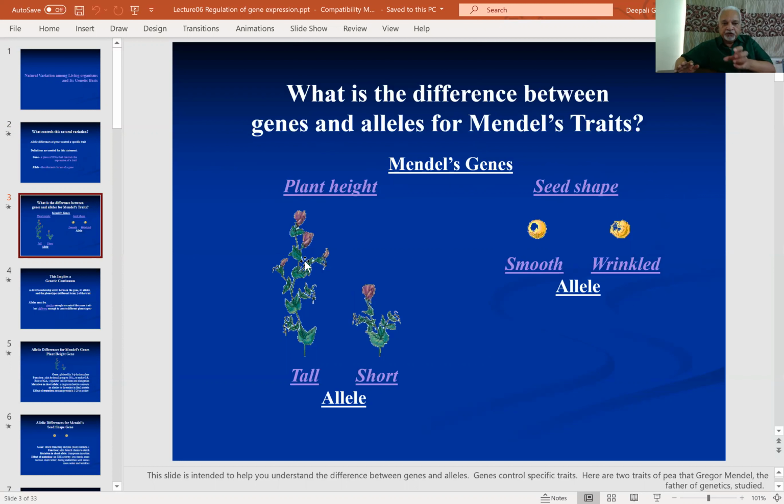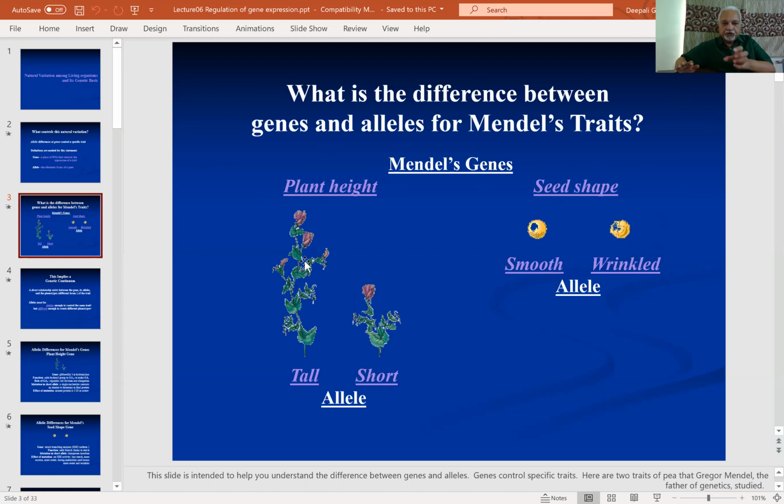Similarly here, the smooth surface and the wrinkled surface are the two alleles of the same trait. The trait is the seed coat quality. So some seeds have a smooth surface, some have a wrinkled surface. So these are the alternative forms, or what we call alleles. The trait is the seed shape, and the alleles are the smoothness and the wrinkledness. So alternative forms of the genes.